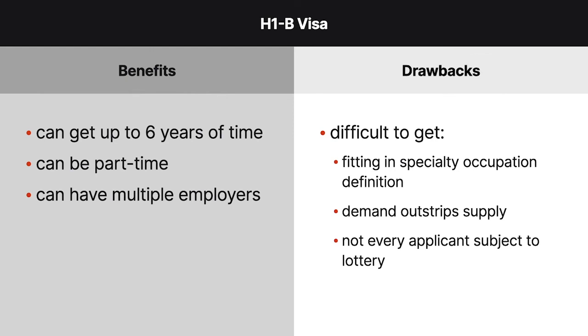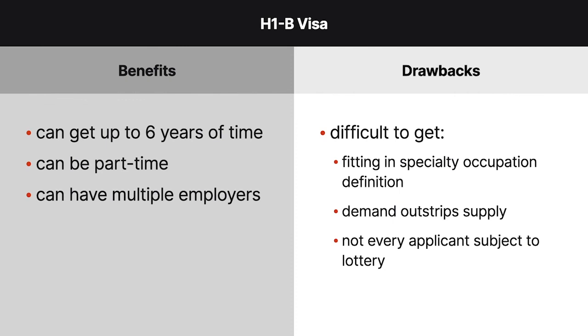Drawbacks, however, include the fact that it's difficult to get, not just for difficulties in fitting the specialty occupation definition, but also because demand far outstrips the supply. There's a hard cap on the number of these that are available in each fiscal year, leading the government to basically auction them off in a kind of lottery.